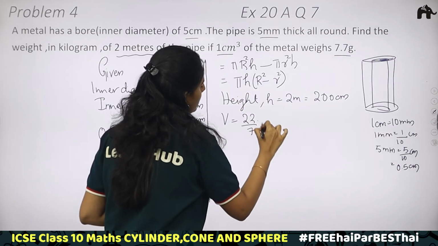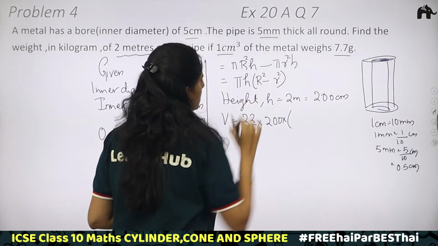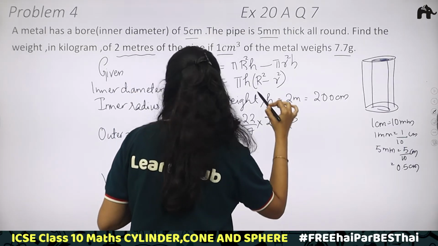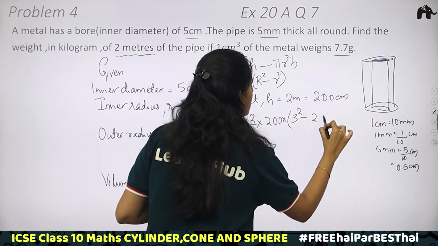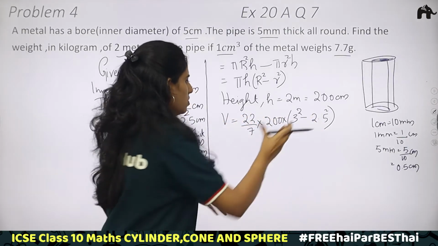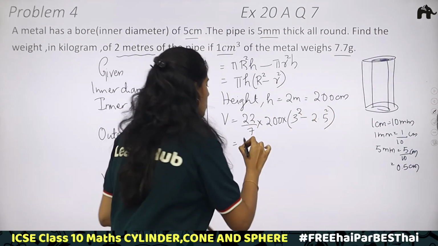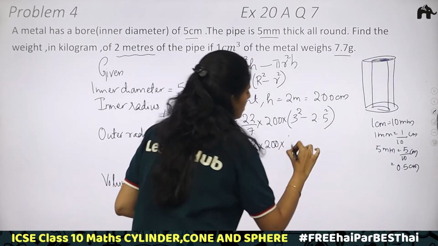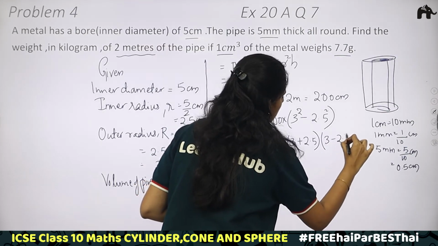Now, to find the volume, V is equal to 22 divided by 7 and height is 200 into capital R square. Capital R square is 3 square, small r square 2.5 square. Okay, this is of the form a square minus b square. To make the calculation easier, we can put a plus b into a minus b form. 22 divided by 7 into 200 into 3 plus 2.5, 3 minus 2.5.